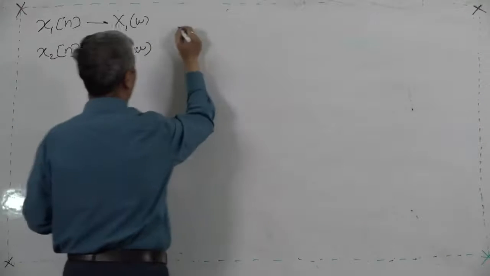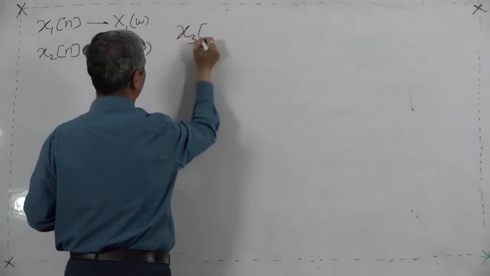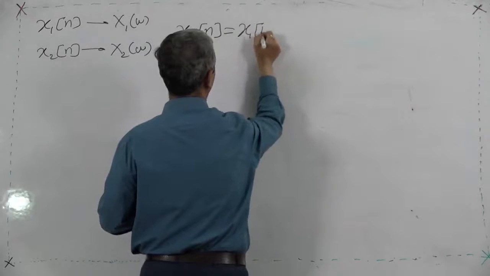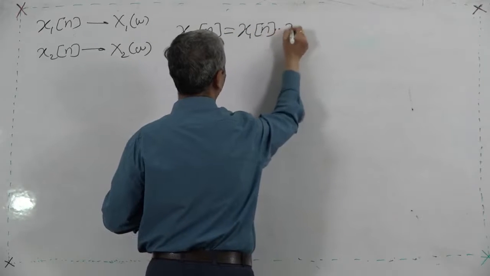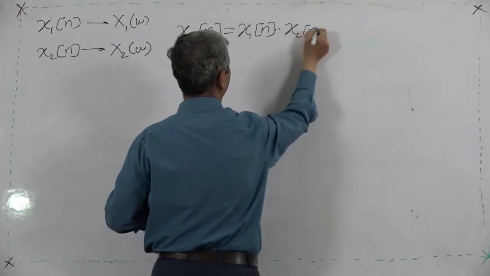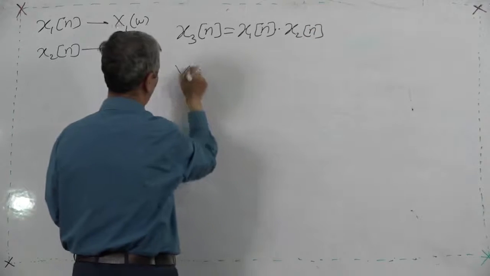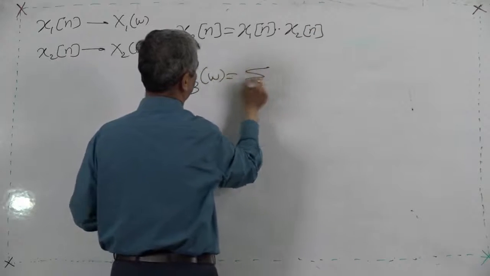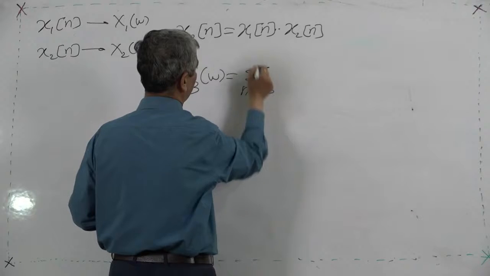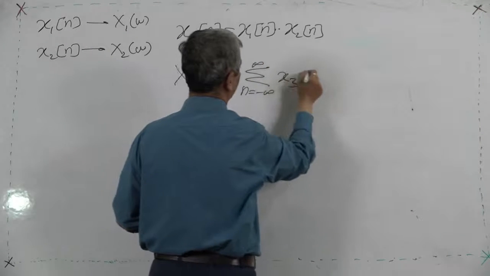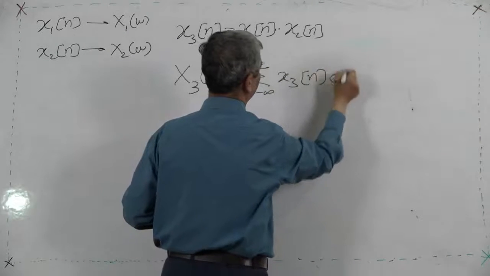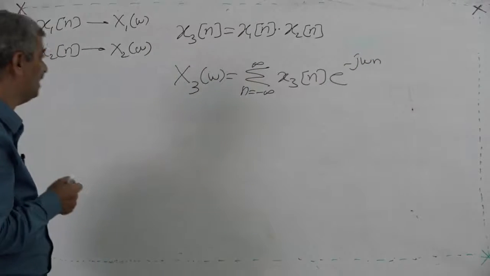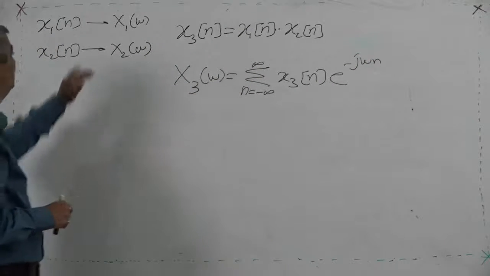Now I have prepared a sequence x3n is equal to x1n multiplied by x2n. So what is its x3 omega? By formula x3 omega is equal to summation n equal to minus infinity to infinity x3n e raised to minus j omega n. That's all. What I want is how it is related to these two.